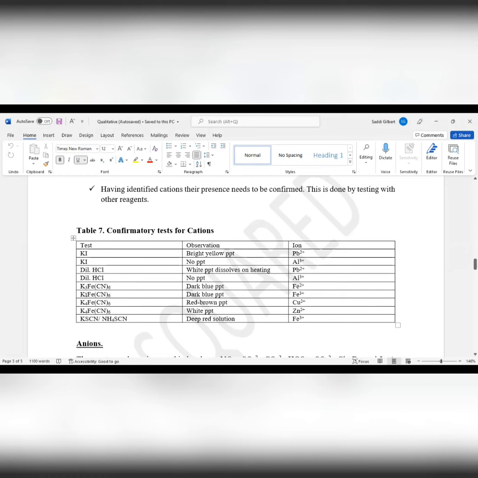If you use potassium hexacyanoferrate(II), now you get iron 3. They mostly do this at the CAPE level. So those are just confirmatory tests. All right, so let's get back to that document now to see what we can do.